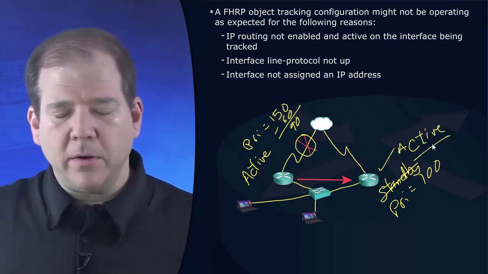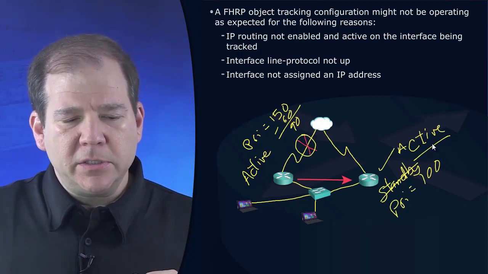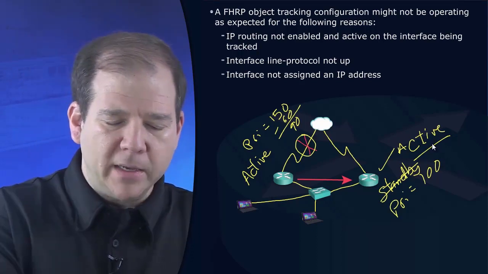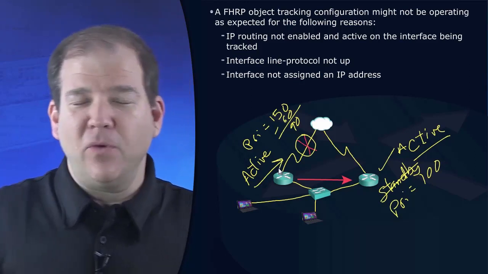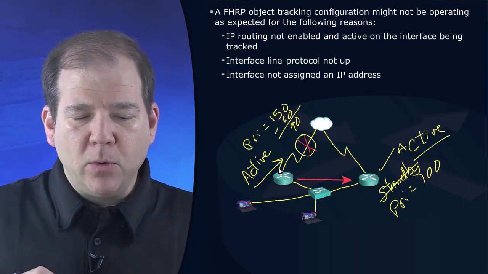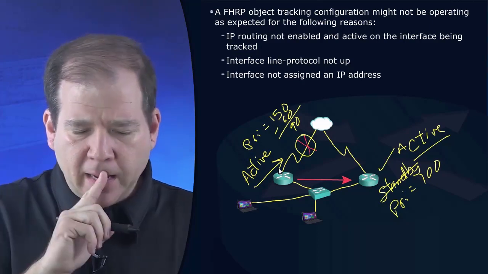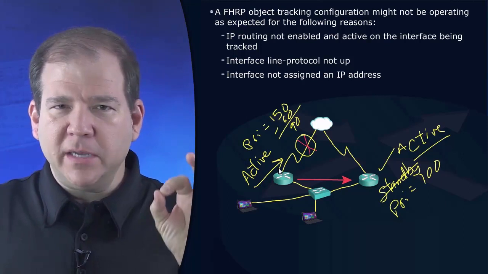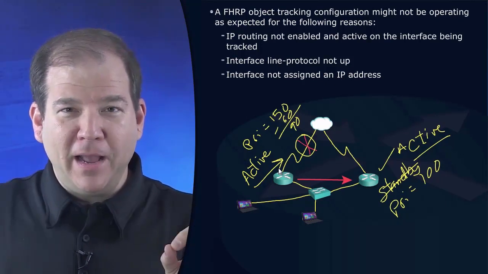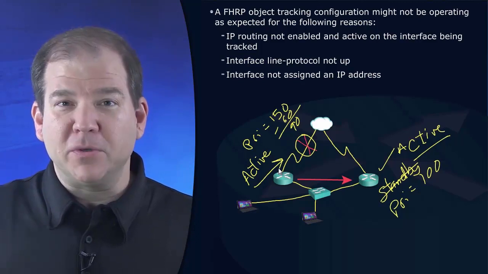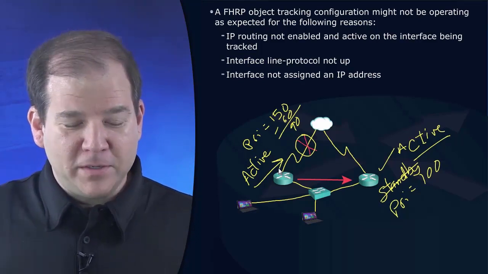What we want to do is consider some troubleshooting scenarios around what happens when we're tracking something beyond the active router. It's called enhanced object tracking, and we're specifically going to consider an interface's IP routing state. We're going to say if this interface is able to route IP, great, we're not going to decrement our priority, but if it's suddenly unable to route IP, we don't want to use it.